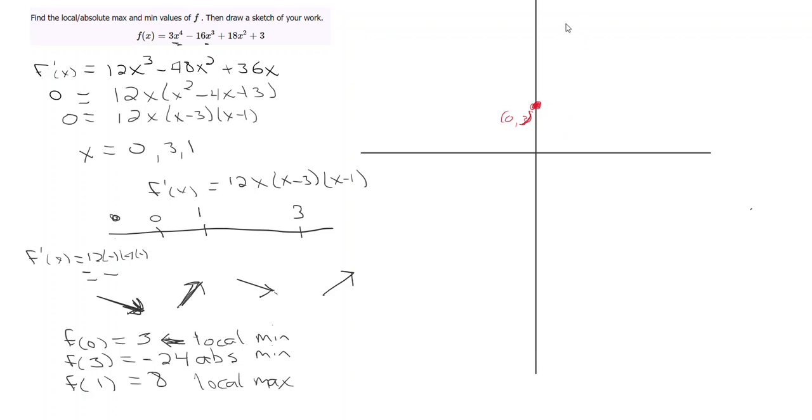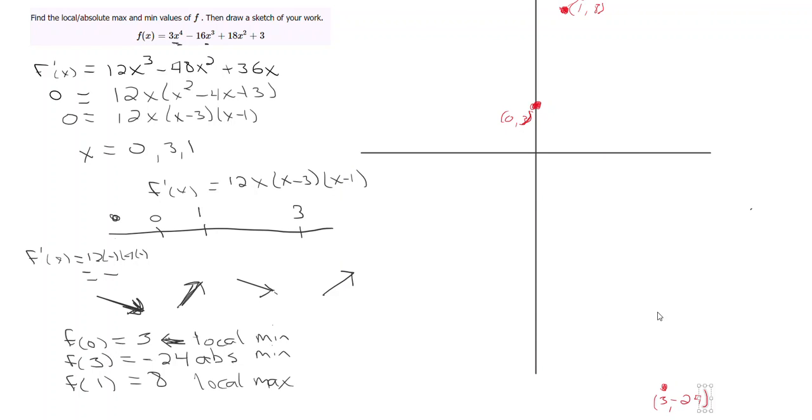So at the point 1, I'm going to be up somewhere up here at 8. So this is the point 1 comma 8. And then we're going to have way down here, and this isn't really going to be to scale because I want to have it on the same graph here, but when x is 3, maybe over here somewhere, it's going to be negative 24. So 3 comma negative 24.